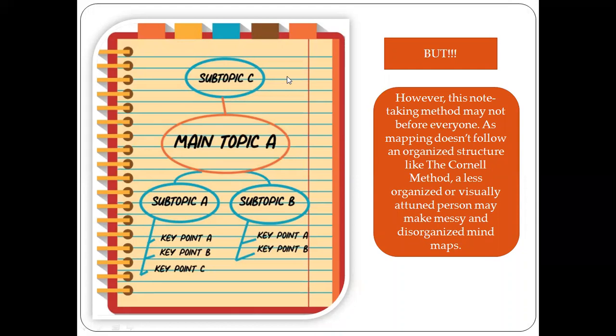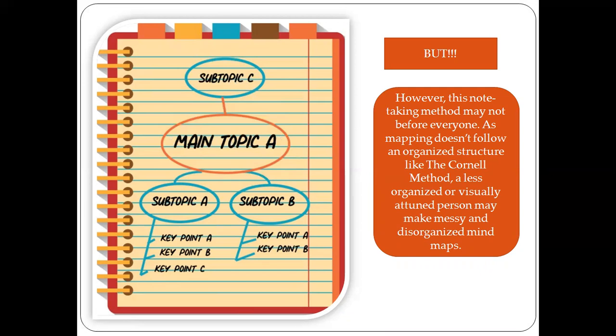Here you can see how to take notes in the mind mapping or mapping method. Each circle is the main topic. You see here it's the main topic. You will just write the main topic in the circle you draw here. Yes, it looks like charting.